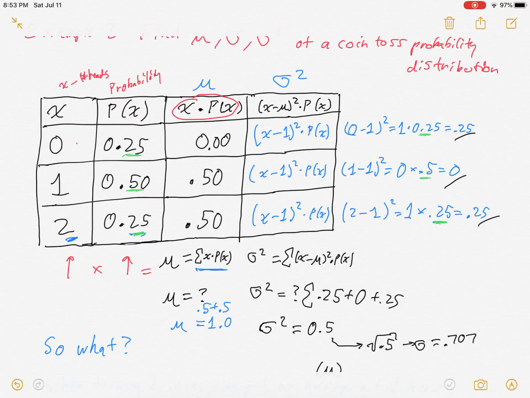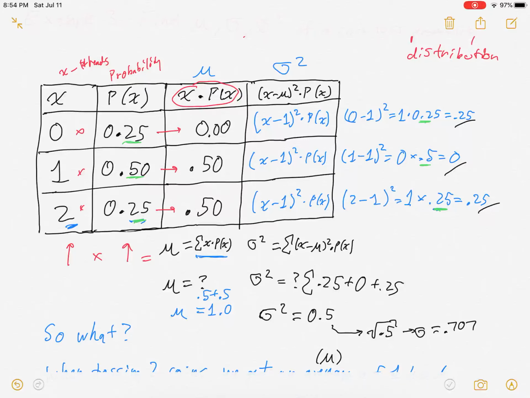So 0 times 0.25 equals 0.00, because 0 times anything is 0. We do the same thing for 1 and 2. Then you get mu equal to 0.5 plus 0.5, because we have to sum it.